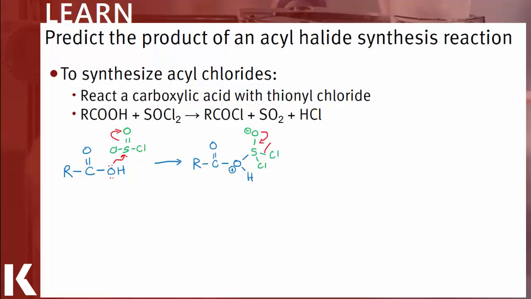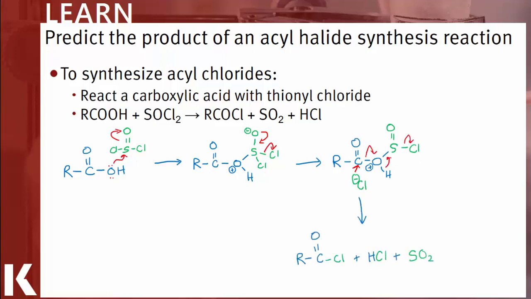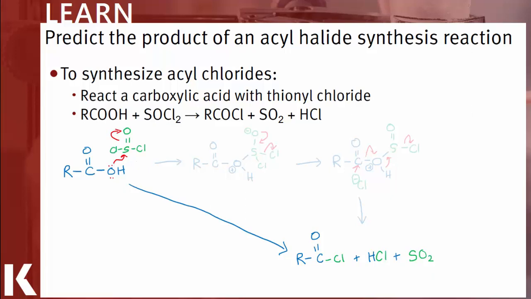One of the chlorines is kicked off, which then attacks the carbonyl carbon at the same time the oxygen leaves. The end result is an acyl chloride, hydrochloric acid, and sulfur dioxide. Ultimately, the in-depth mechanism is not as important as recognizing that thionyl chloride will create acyl chlorides from carboxylic acids.